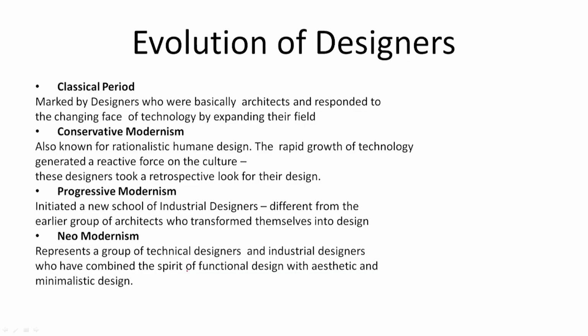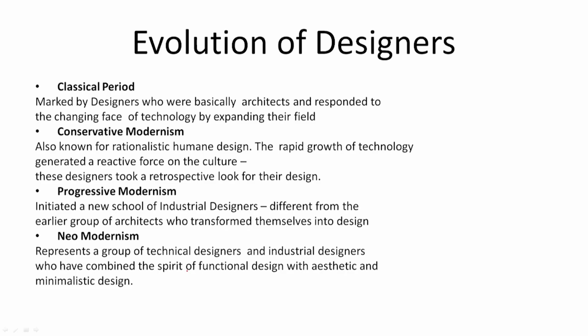It is mostly marked by designers who were basically architects, and because the industrial revolution is happening, new machines are coming up, the society is getting new equipment, new technology, new technological products. So, they responded to the changing face of technology by expanding their fields. So, it is basically architects who have expanded their field towards product design.